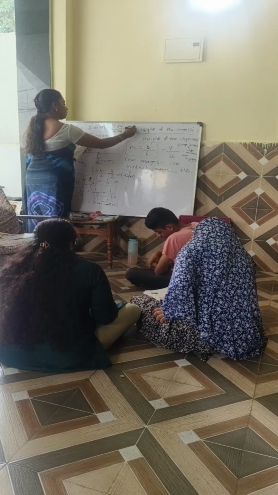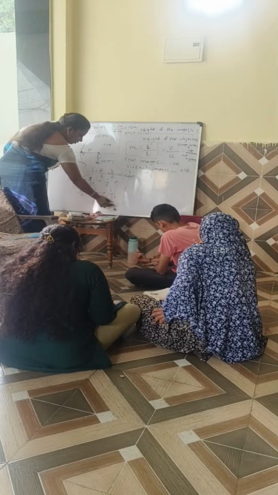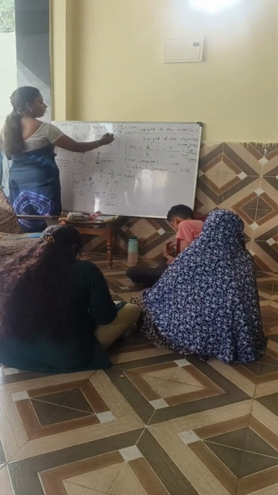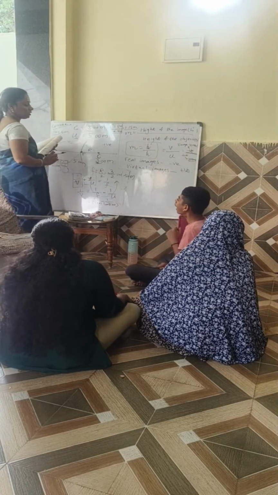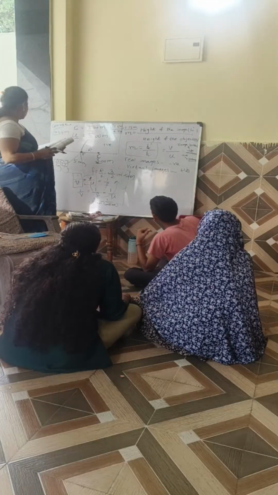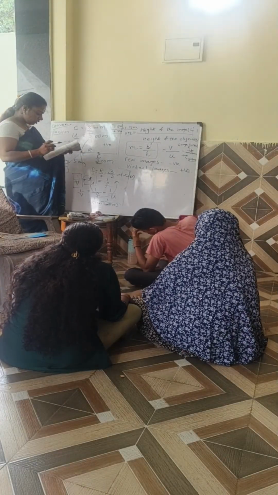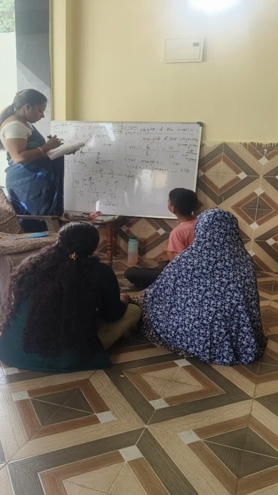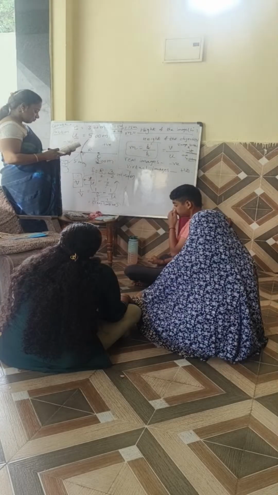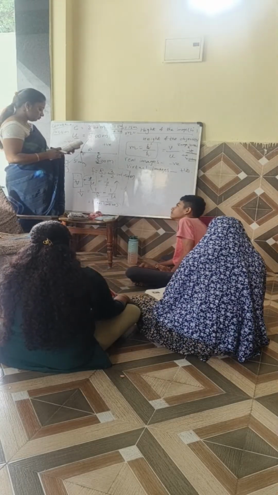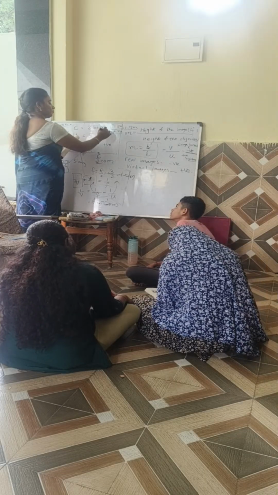If you do the LCM of this problem, you will get this. So 1.15 meters. It is a positive value, so the image is 1.15 meters behind the mirror. V is 1.15.